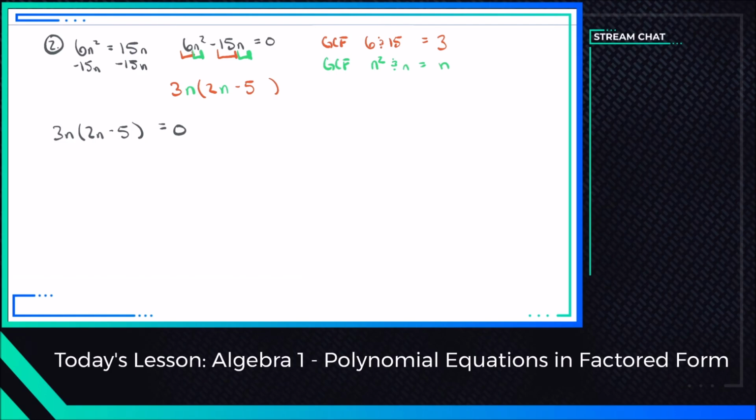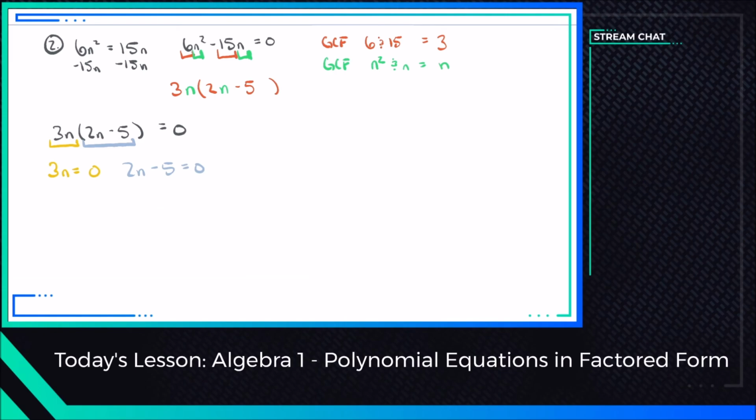So we can now set up our two equations. So we have this equation on the left. We're going to have this equation on the right. And so we have 3n is equal to 0. Or we can have 2n minus 5 is equal to 0.